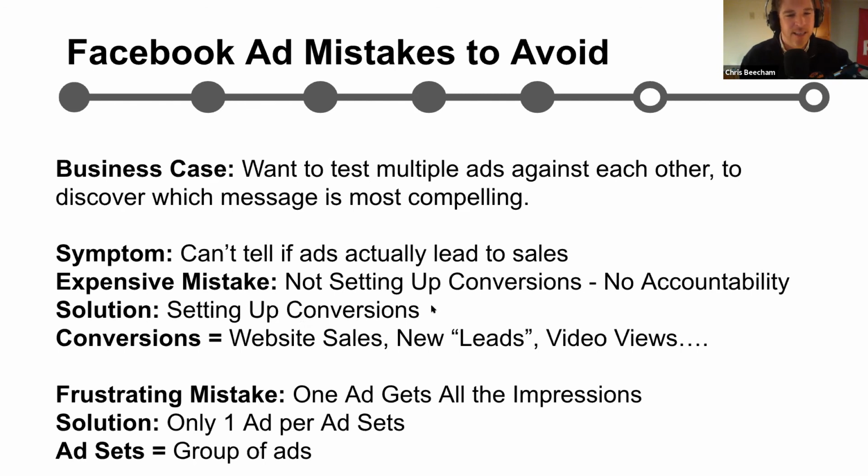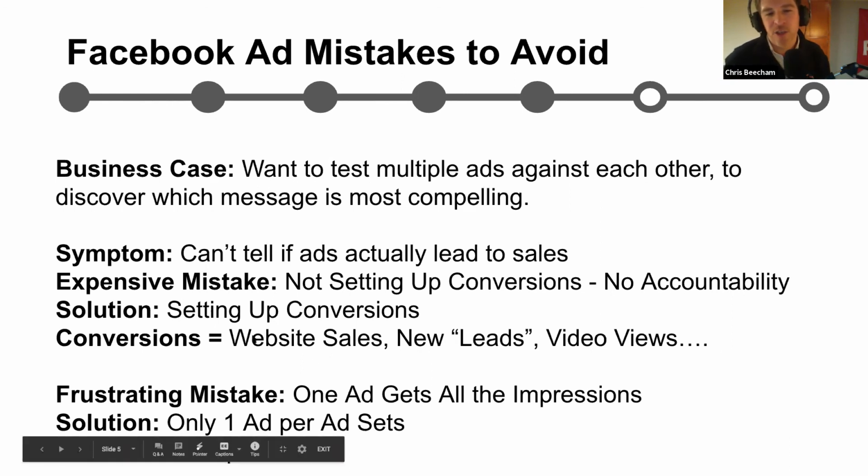This might not make sense here, but I just want to introduce the idea for later on. When I say conversions, it's not just website sales. A lot of companies, like the one we're going to be looking at in a second, don't sell anything on their website. Instead, the whole goal of their website is trying to get people to fill out a form. Once they fill out the form, they'll call or email that person and try to sell them something, but the sale happens offline.